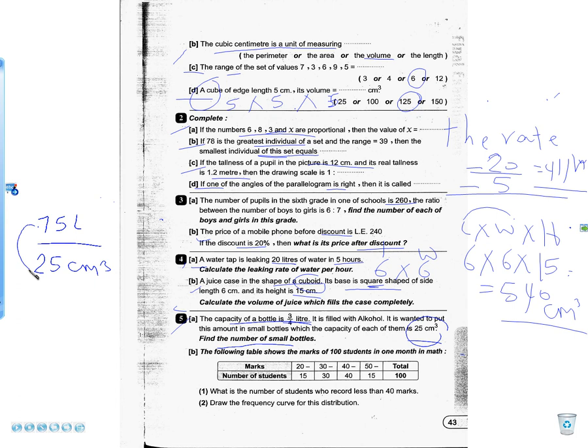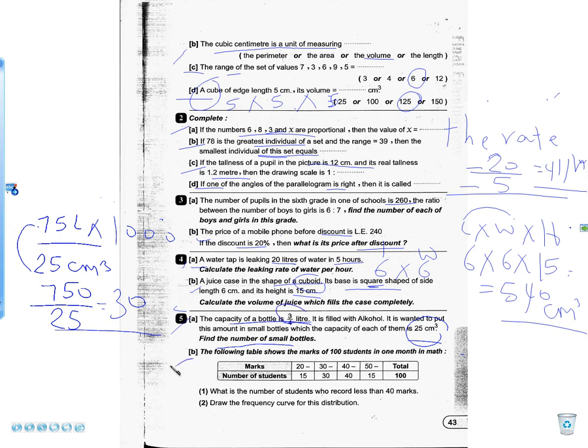When you convert from liter to centimeter cubed, multiply by 1,000. 0.75 by 1,000 gives 750, over 25, and we get 30 bottles. It's easily answered, but we should have the same unit, converting a larger one into a smaller one.